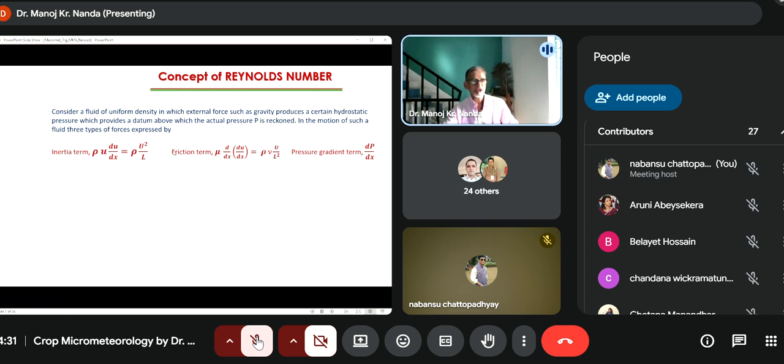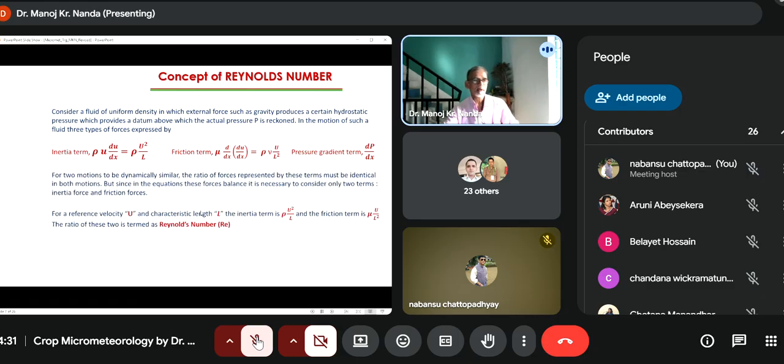When you take the ratio of the inertia term and the frictional term, you get a number, that is the Reynolds number. That Reynolds number actually defines the characteristics of the flow. So Reynolds number is the ratio of the inertia term and the friction term. Now, in the friction term, in place of mu you should write rho nu.